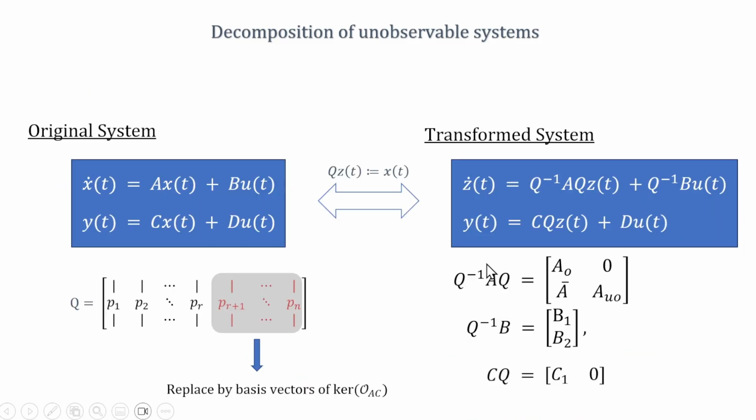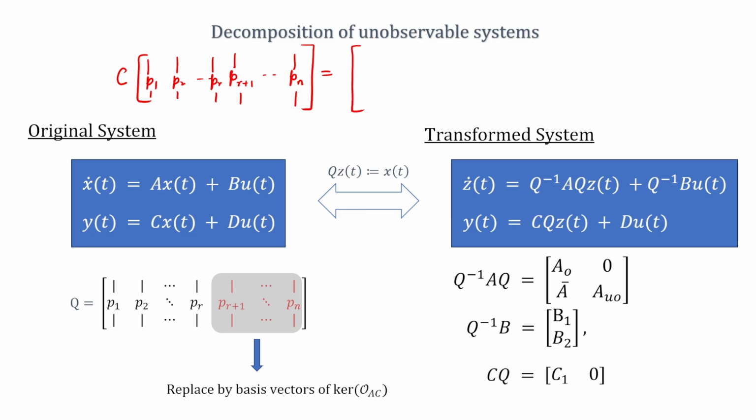Okay, and what about CQ? Now Q inverse B will be in general anything, but what about CQ? Now notice what will be CQ. So CQ is equal to again C hat, right? Now what was Q? Q was P1 up to PR, and then we had PR plus 1 up to Pn. But you see, we know that C into PR plus 1 will be 0, right?